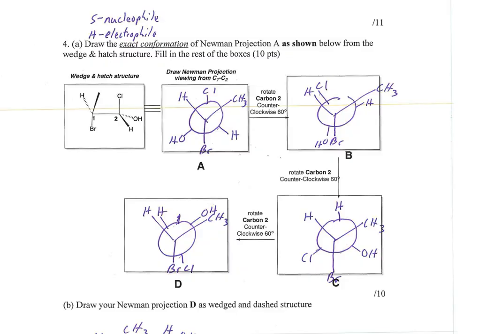Okay, so let's do conformation of Newman projection. This is another way the Newman projection works. So we got a wedge and dash structure. And of course, if you were standing here looking, you'd have one thing at your feet, one thing at your head.